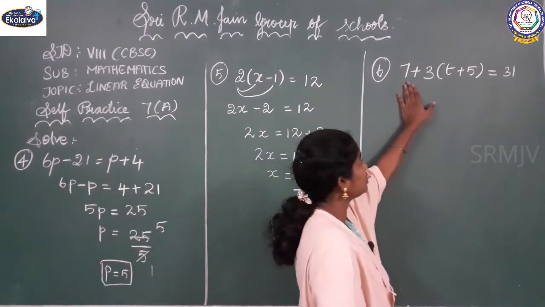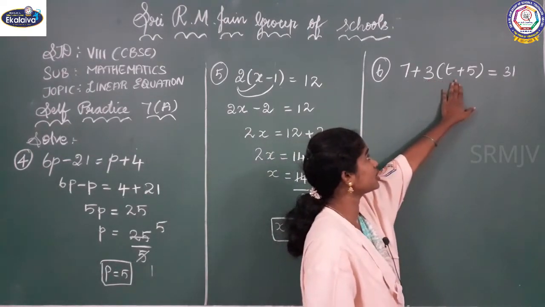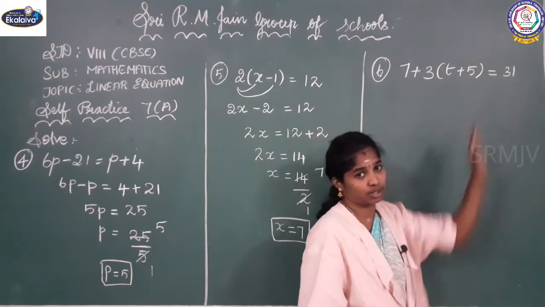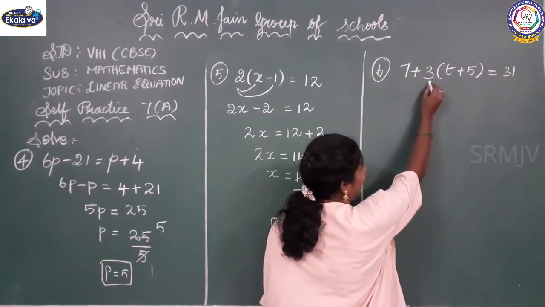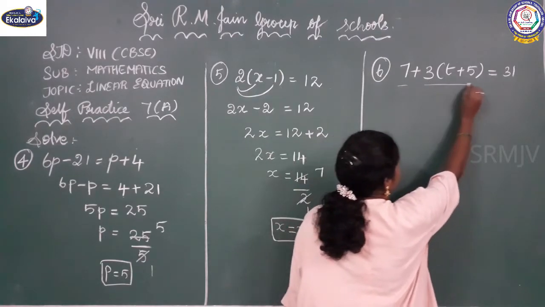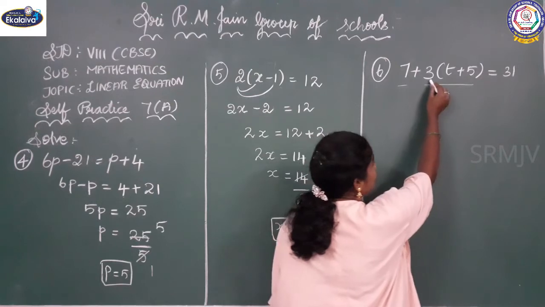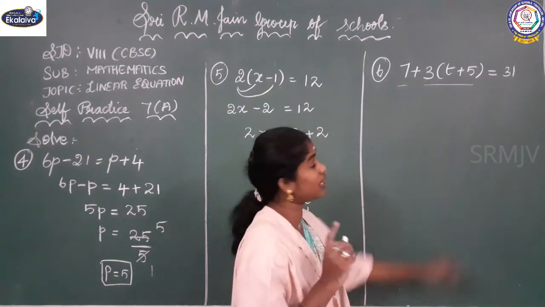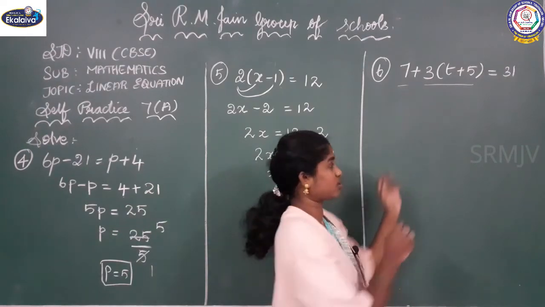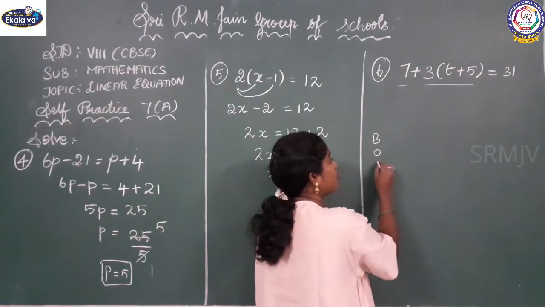Yes. 7 plus 3 into t plus 5 is equal to 31. Okay. So using BODMAS, we should not add this first because this is one term, this is one term. So we have to multiply this 3 with these two. Yes, most of you will add this. That is wrong. We have to use BODMAS.